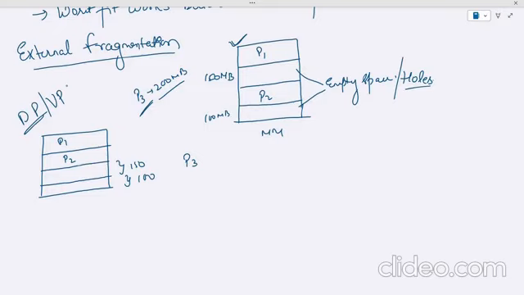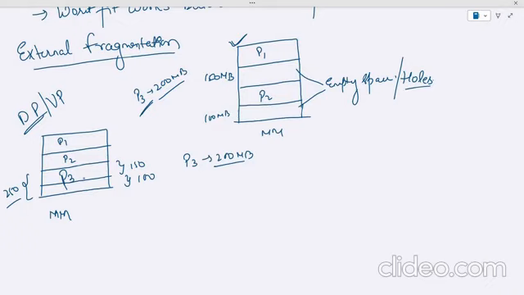We can give a process whatever memory it needs, if main memory has that much space. If P3 needs 200 MB, the collection of these blocks is 250, so we can provide P3 from these blocks. Now P3 gets space in main memory.